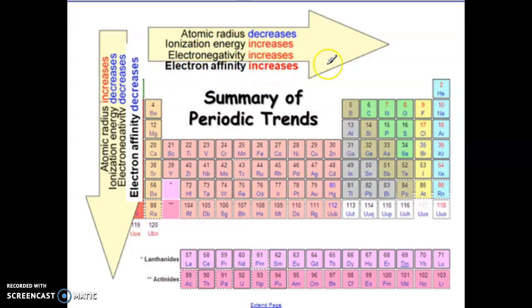If you notice, all of them are pretty much the same, except atomic radius is the opposite. So as we go from left to right, the radius gets smaller, but everything else increases. As you go down a column or a group, the radius gets larger and everything else decreases.